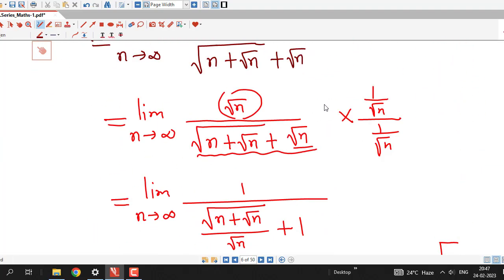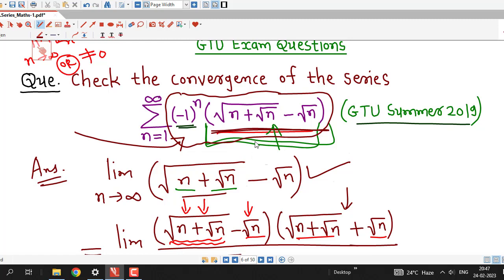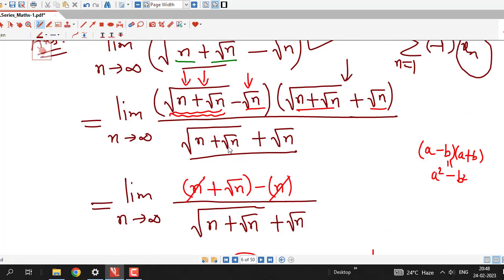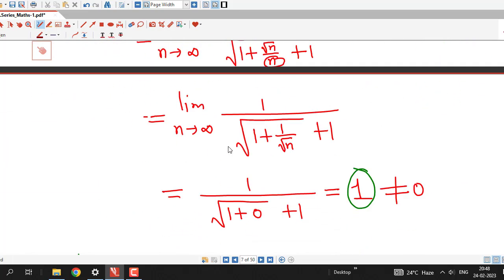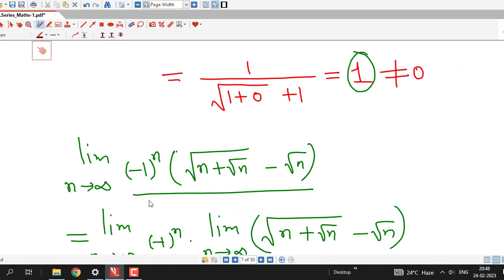So first I obtain the limit of this quantity which is multiplied with (-1)^n. We are considering this standard form for alternating series. If the alternating series test fails, then first we can decide the limit of this quantity, which is multiplied with (-1)^n, and after obtaining the limit of that quantity, we can find out the limit of (-1)^n times this quantity.